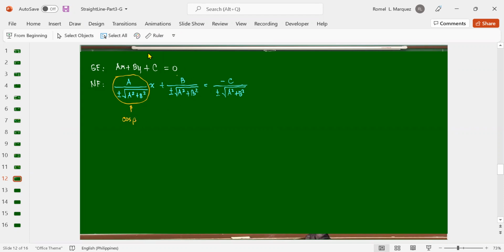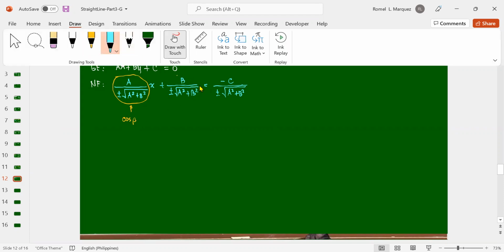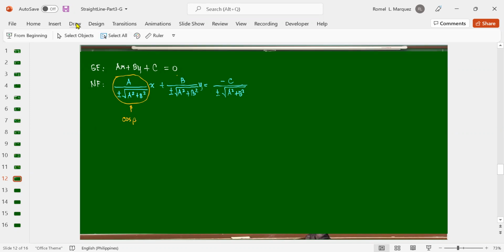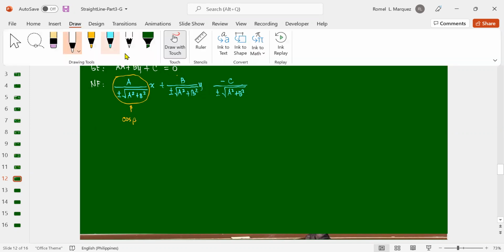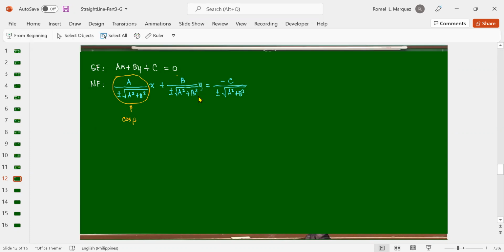And this part, by the way, it's multiplied by y, no? This part is the sine beta. And this right side now is the P.